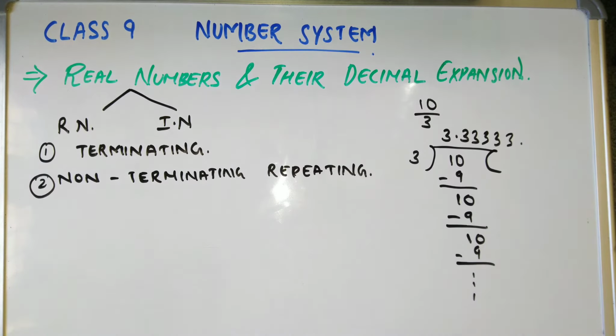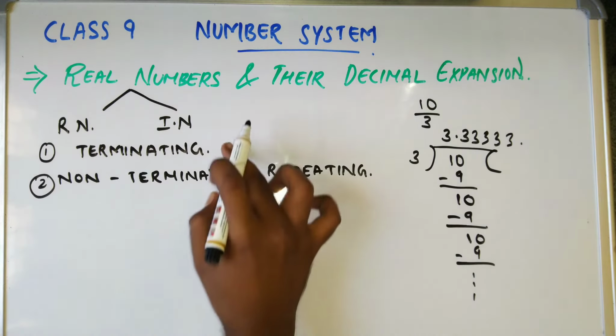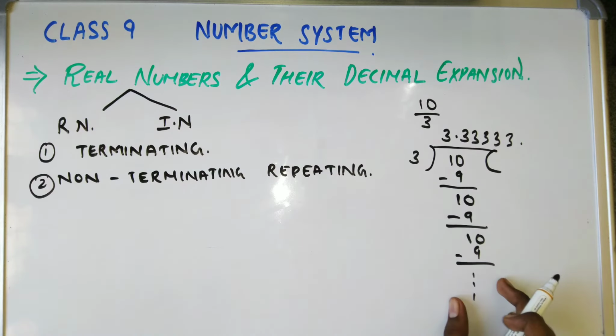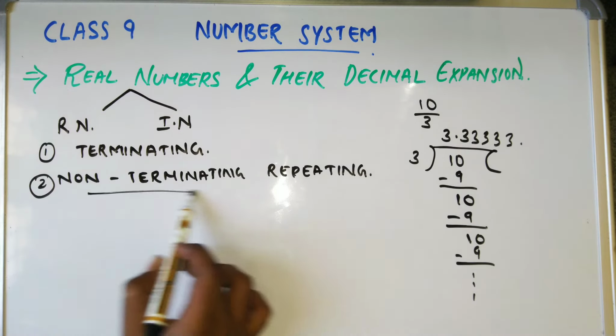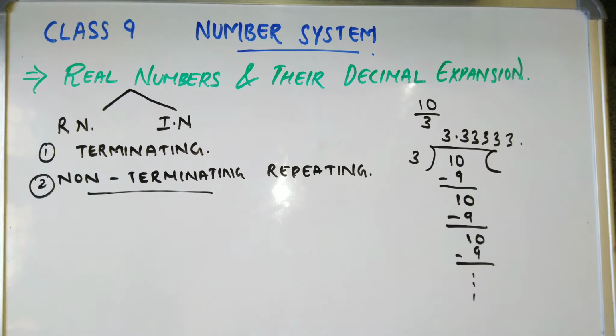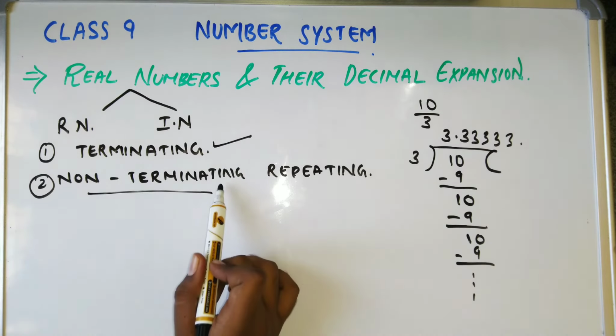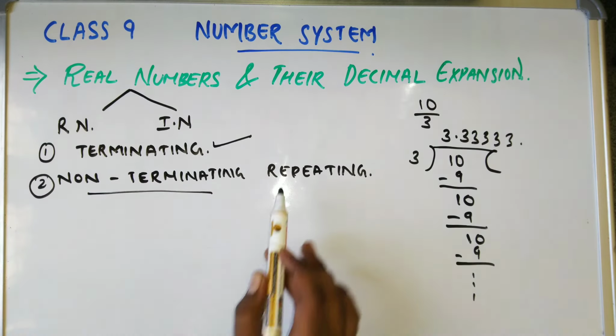What is the meaning of terminating and non-terminating? Terminating means the remainder becomes 0. Here the remainder is not becoming 0, that means it is non-terminating. Whenever the remainder becomes 0, it is terminating. If it is not 0, then it is not terminating. Now what is repeating?